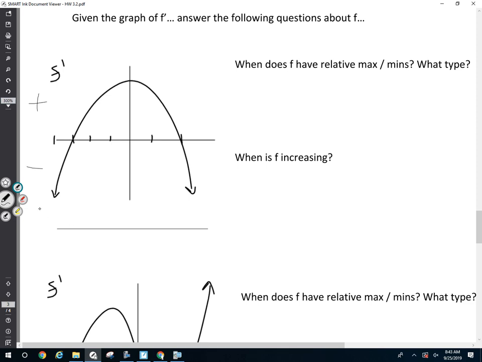F prime is negative until this -3. It is positive all the way till 2, and then it's negative after that. That means f is going down, then going up, then going down. I can kind of sketch f on top of it. I'm not exactly sure where things are going to be located, but I know I'm going to be going down, going up, going down, something like that.